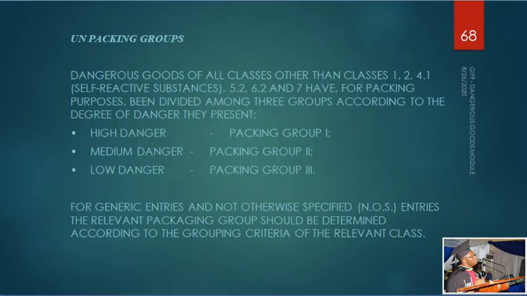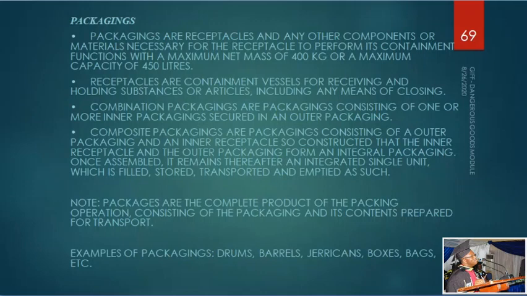We also have to deal with packagings which are referred to as receptacles and any other components or materials necessary for the receptacle to perform its containment functions, with a minimum net mass of 400 grams or a maximum capacity of 450 liters.